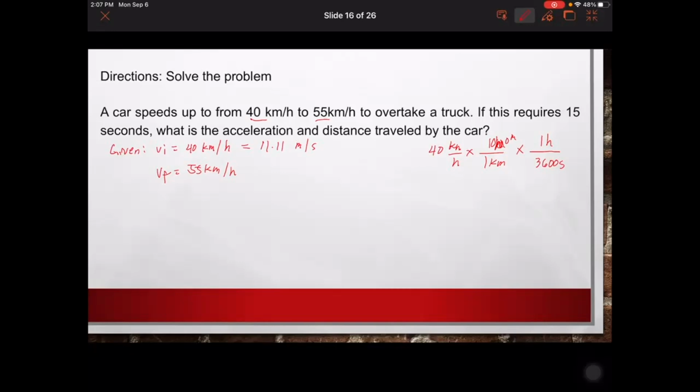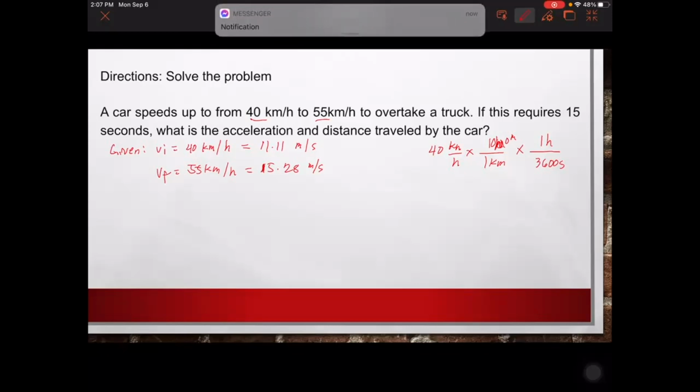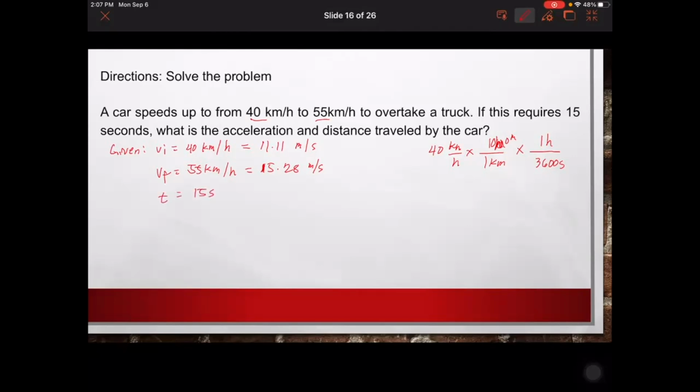How about the 55? 15.277, 15.28. Rounded up. Okay. Then another given, we will have the time, which is 15 seconds.